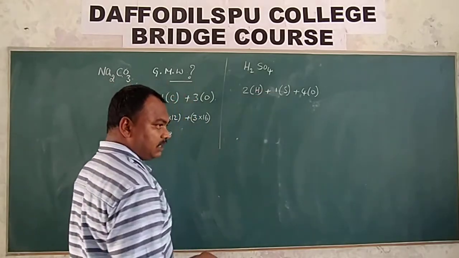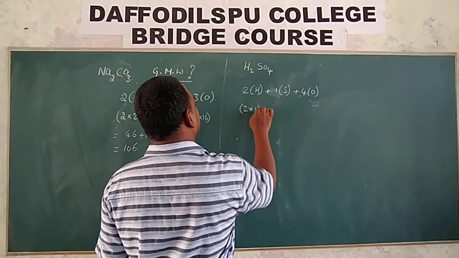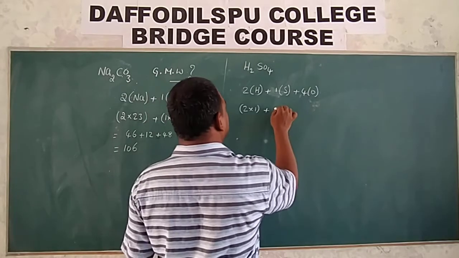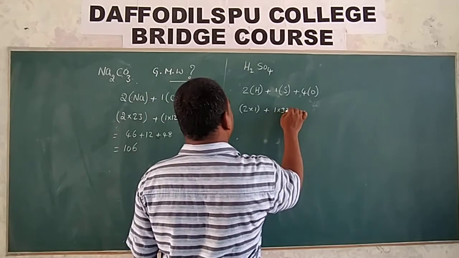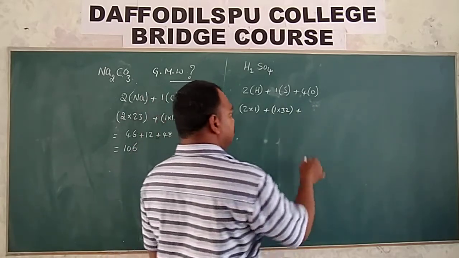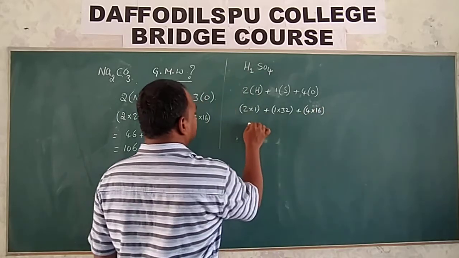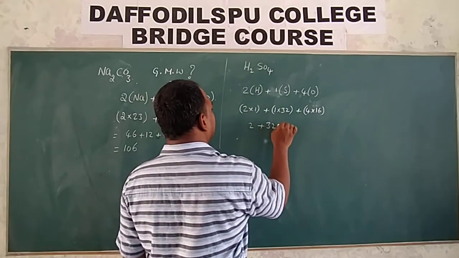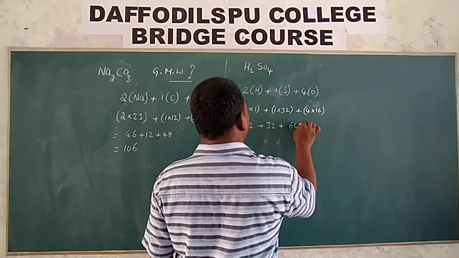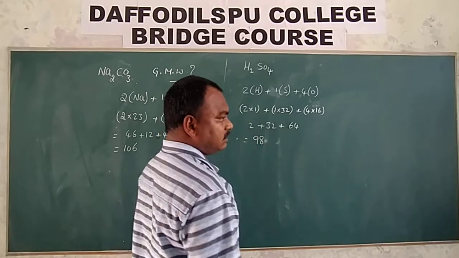Each hydrogen atomic weight is 1, 2 into 1 plus each sulfur atomic weight is 32, 1 into 32. Each oxygen atomic weight is 16, 4 into 16. So 2 plus 32 plus 64 is 98.